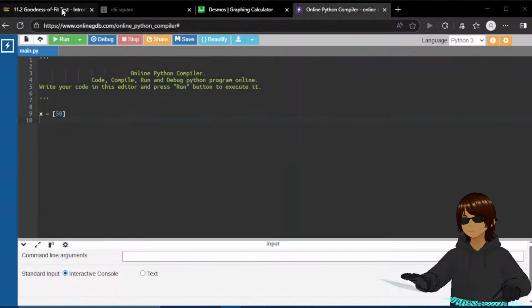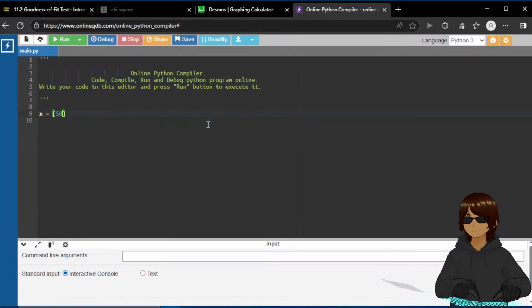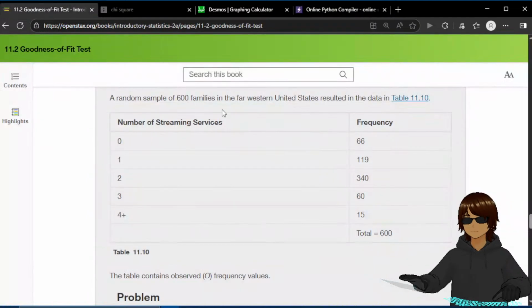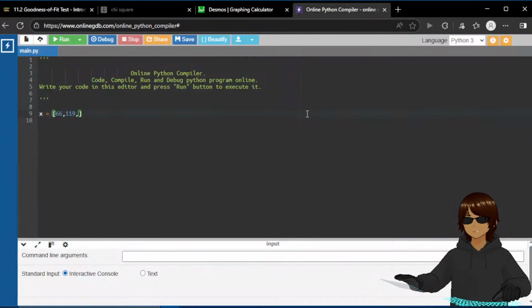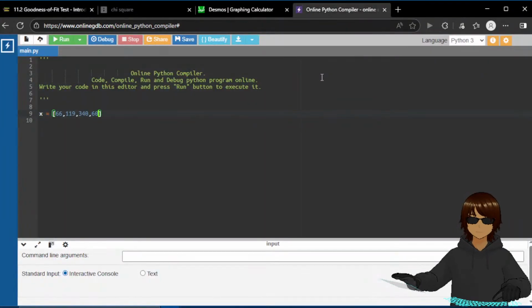Let's try this one. 66, 119, 340, 60, and 15. And these are the observed values.